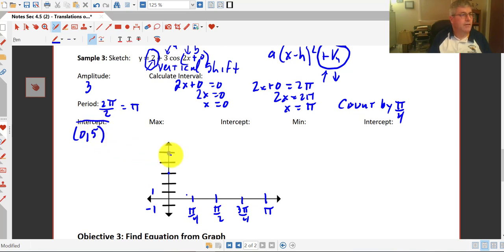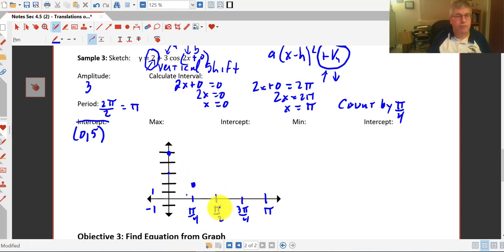And then on the unit circle, or on the regular cosine curve, pi over 4 was normally 0. 3 times 0 is 0, but we're adding 2. So our next point here is at 2.